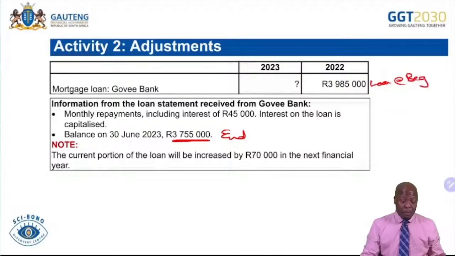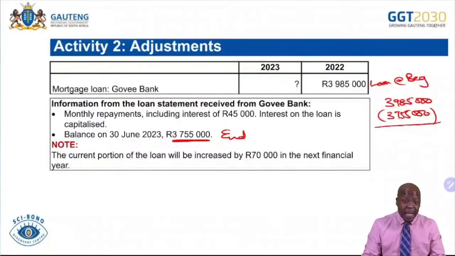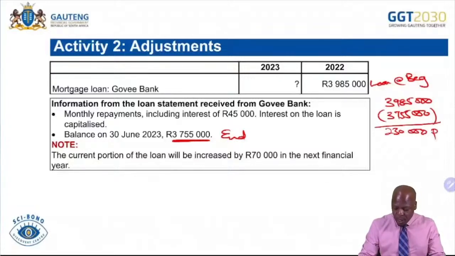So it simply means if I take my loan at the beginning, which is 3,985,000, and I subtract my loan at the end, which is 3,755,000, it will give me what I have paid on the loan, which is 230,000. So this year we've paid 230,000 on the loan.